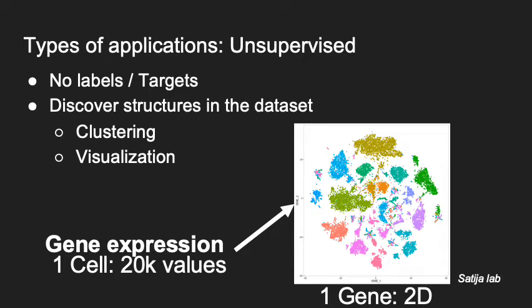So we have an example here where this is a single cell data set of gene expression and each cell is represented by a dot. And originally each cell was represented by a vector of 20,000 values, one for each gene. But using an algorithm called t-SNE, we can reduce that to only 2 dimensions. And doing that, we can see the clusters and we can see the underlying structure of the data.